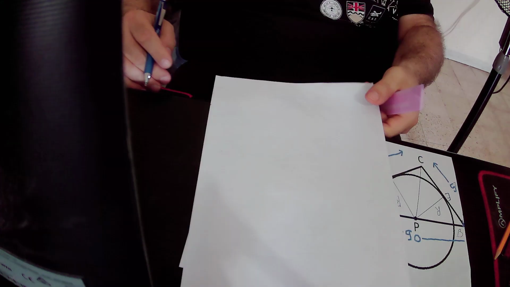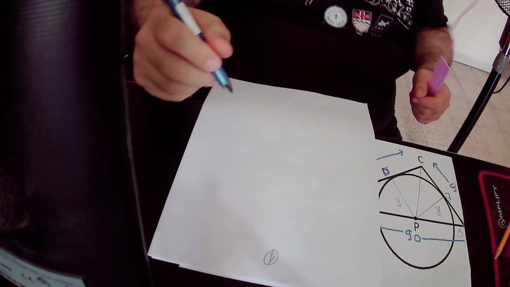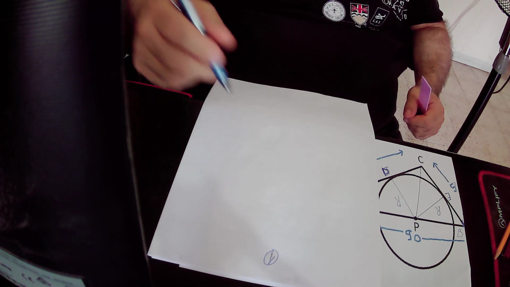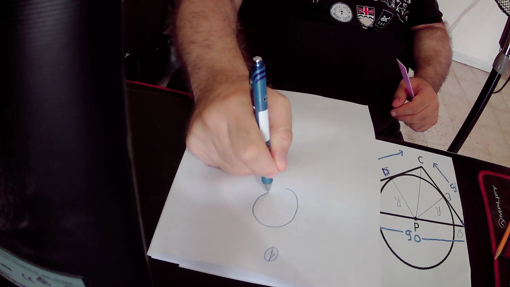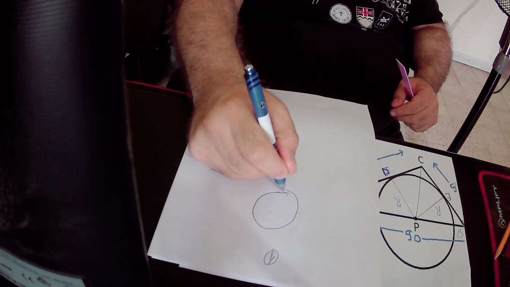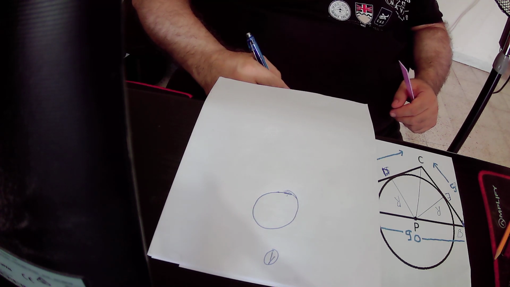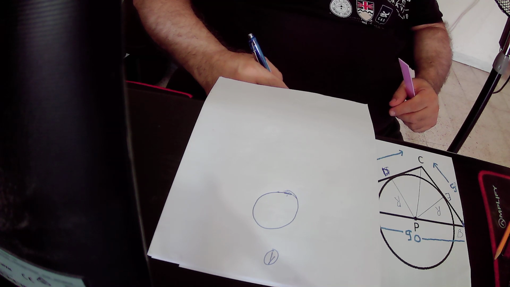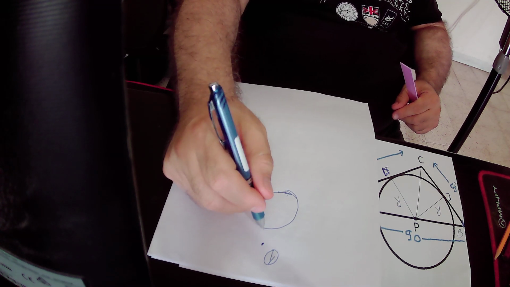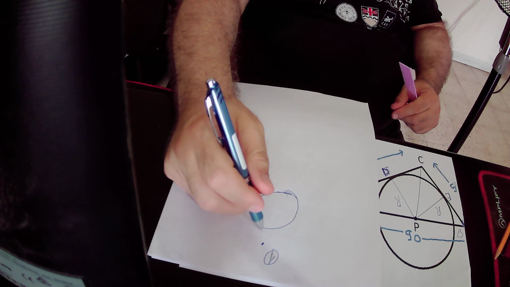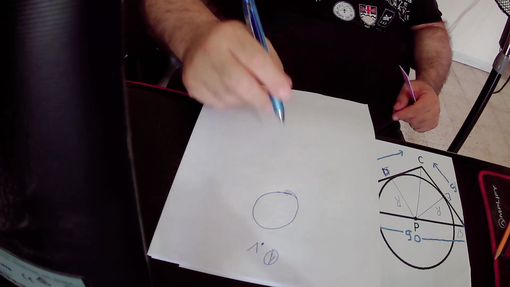But we have a rule that says that if you have a circle and outside the circle you have a point, or the point is external to the circle, point V is external to the circle.